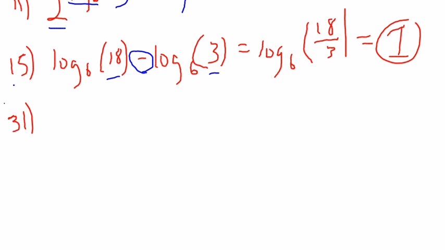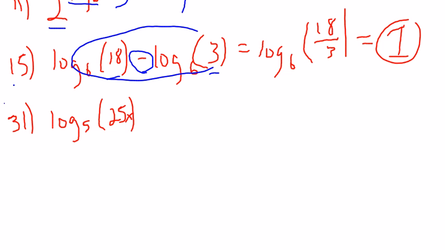So 31 says log base 5 of 25x. It's kind of the opposite of the previous problem in a couple of ways. One, there's times in the middle as opposed to divide in the middle. And also, instead of bringing it into a smaller log, I'm expanding it out to bigger ones.